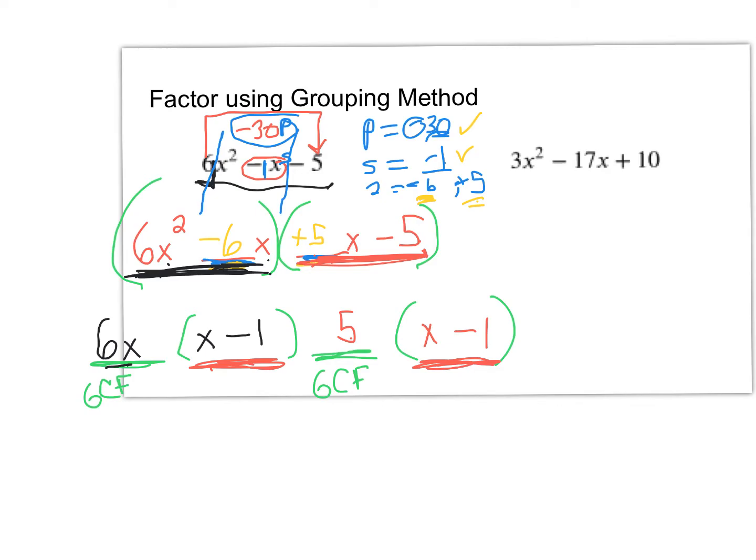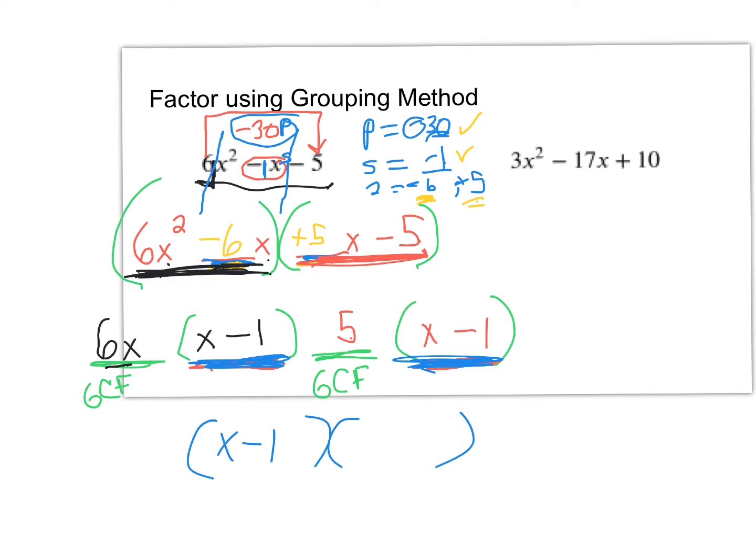Okay, so now that my parentheses match, we're in the final stages of this process. Okay, so we start. We're going to have two parentheses in the end, just like we did before. Now the first parenthesis is the garbage that was inside the parentheses. And you only have to list it just once. So x minus 1.